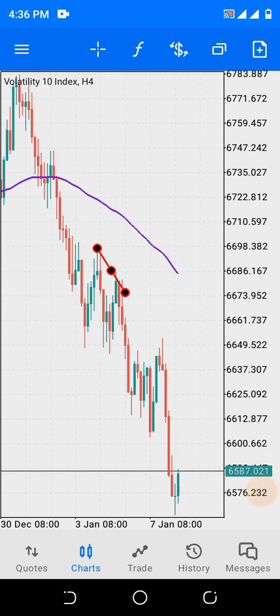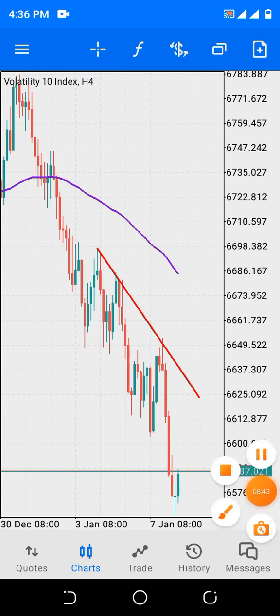Join it this way. So you have joined the two lower highs. Now you extend it to find a place to make your entry. You extend it wherever the price touches the trend line. That is at the third touch.